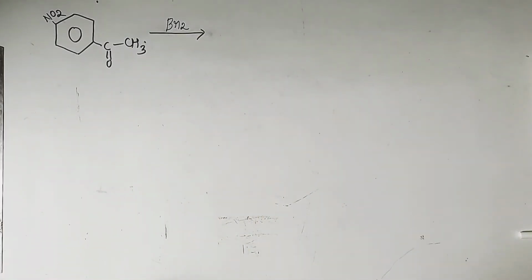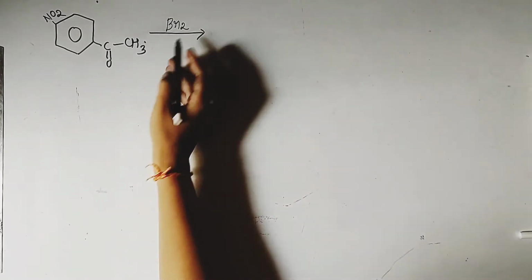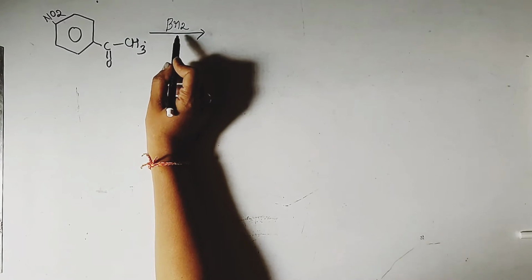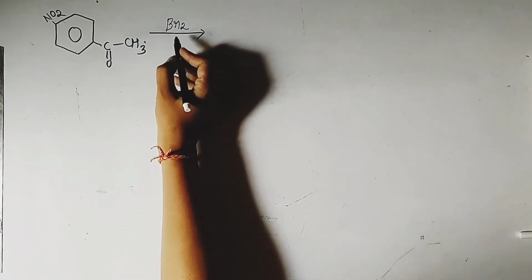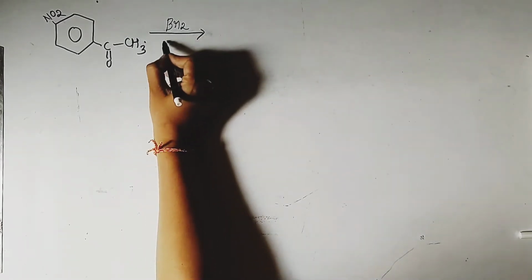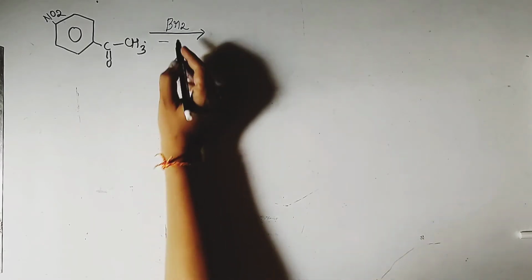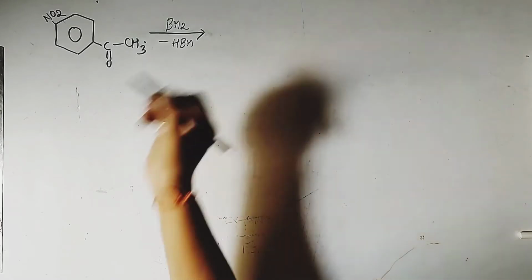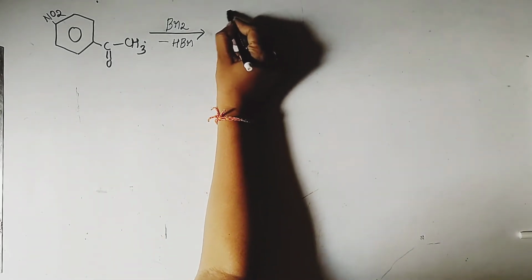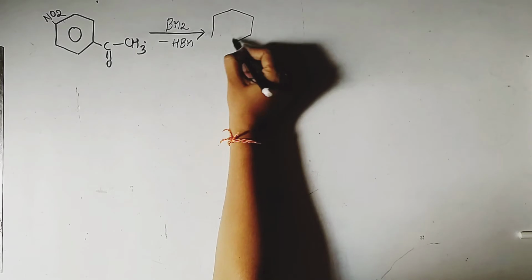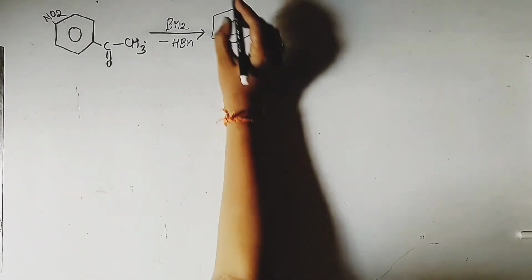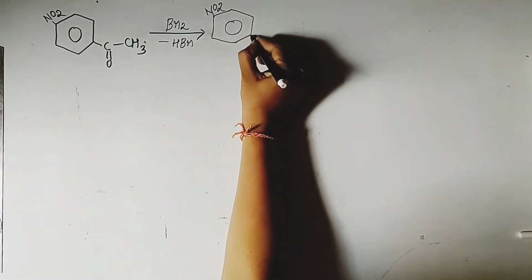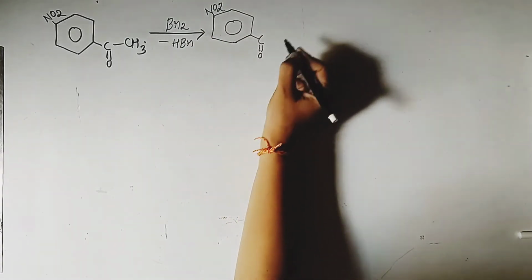Whenever halogenation takes place, it replaces one of these hydrogens by a halogen atom, and the remaining one more hydrogen atom is combined with this one, and it is eliminated as HBr. So the product is: at para position nitro group is there, then CO is as it is.